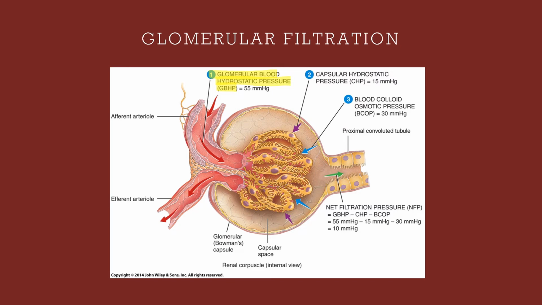Now, this is the blood pressure within the glomerular capillaries. This pressure promotes filtration by forcing water and solutes in the blood plasma through the filtration membrane. Generally, the GBHP is about 55 millimeters of mercury.